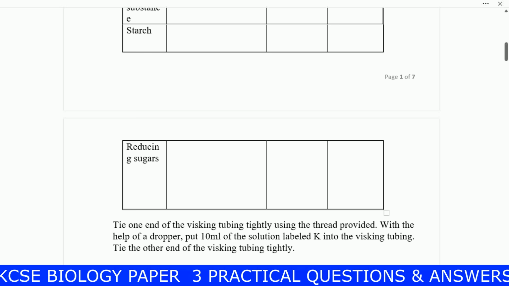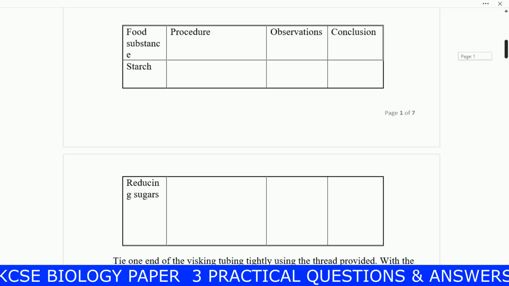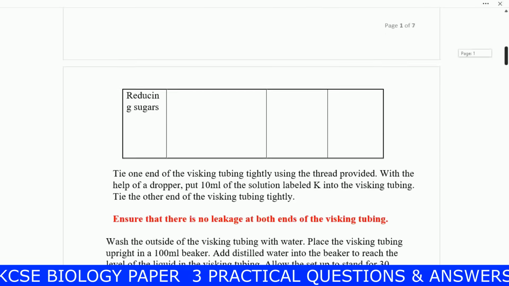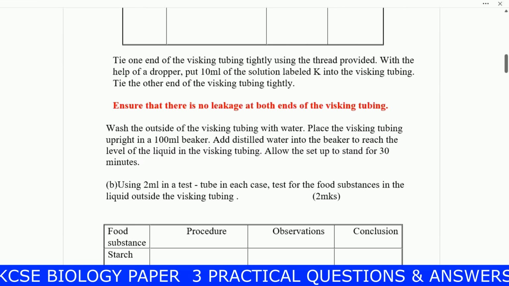There are also marks for testing reducing sugars: marks for the procedure you follow, marks for the observation you made, and marks for the conclusion. So you should be very careful when testing. You are told to tie one end of the whisking tubing tightly using the thread provided with the help of a dropper.